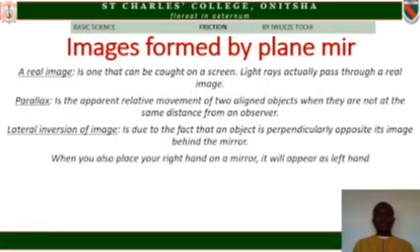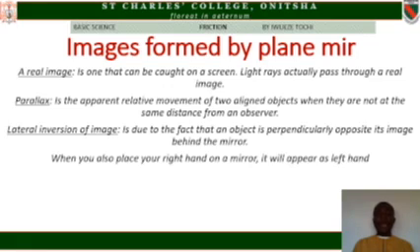Real image. A real image is one that can be caught on a screen. Light rays actually pass through a real image. Parallax. A parallax is the apparent relative movement of two aligned objects when they are not at the same distance from an observer.